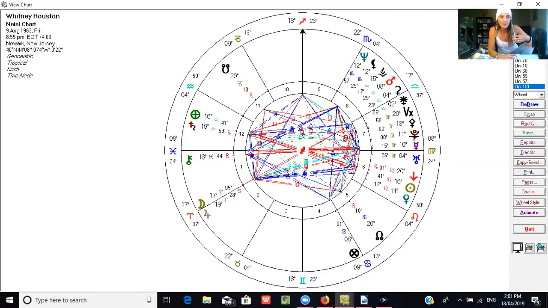So we can't really understand what that was like unless we've had that experience ourselves, but we can get a glimpse or get a taste of what that might have felt like, perhaps. That's Pluto in the 7th, so that's people trying to control her life.